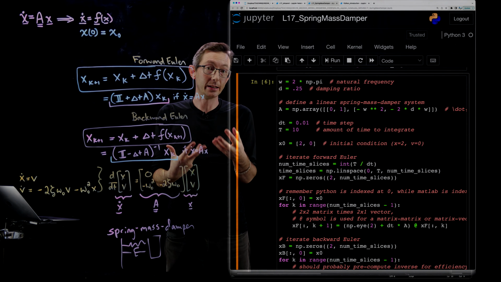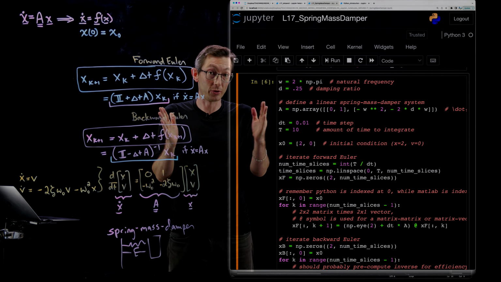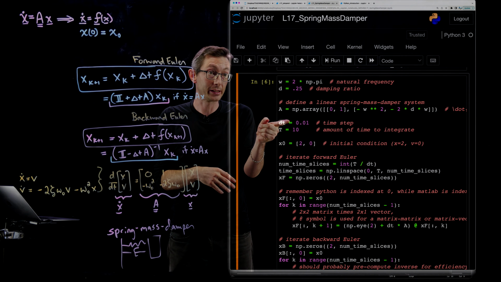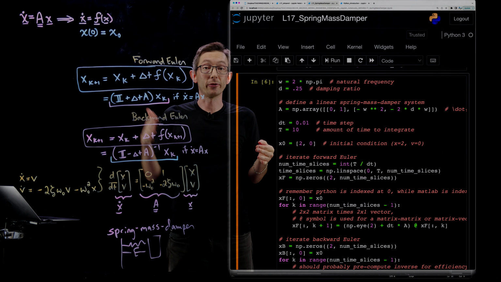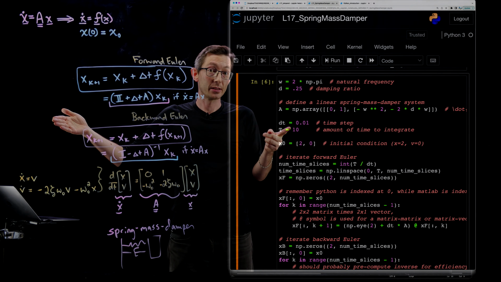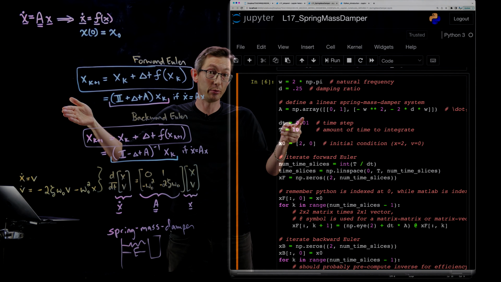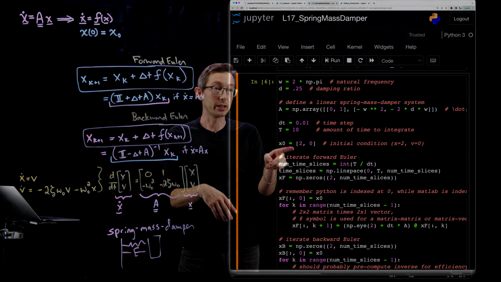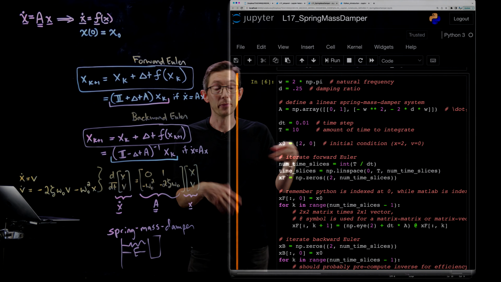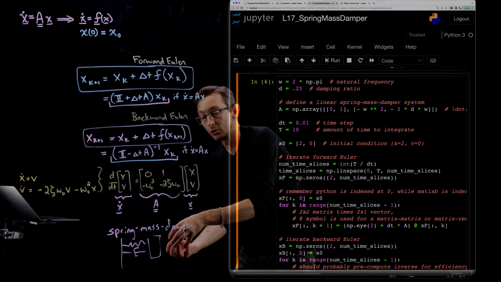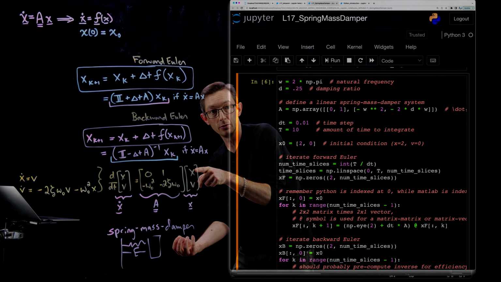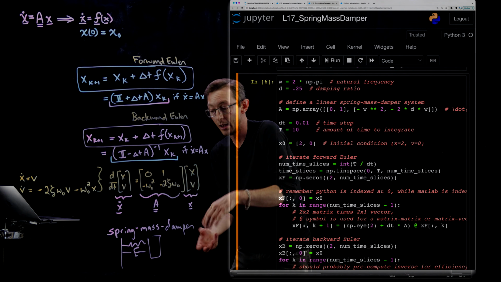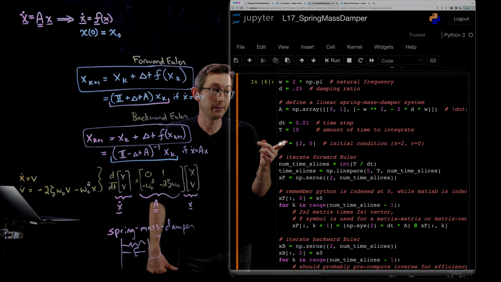And we know that finite difference derivatives are only accurate for small delta t's. So we're going to start with a small delta t. We're going to integrate from time 0 to time big T, so 10 full time units in increments of 0.01. And we're going to start with an initial condition of 2, 0, which corresponds to a position of 2 and a velocity of 0. So 2, 0 means a position of 2, and I let this go with 0 velocity.